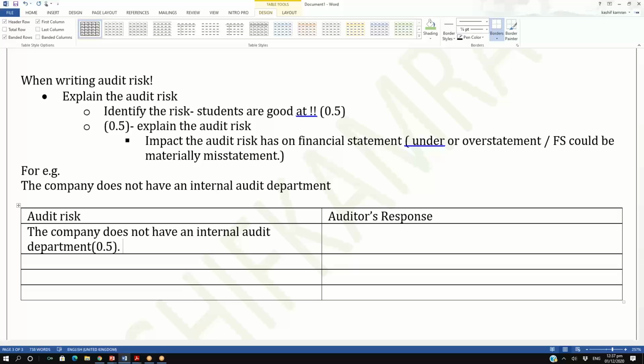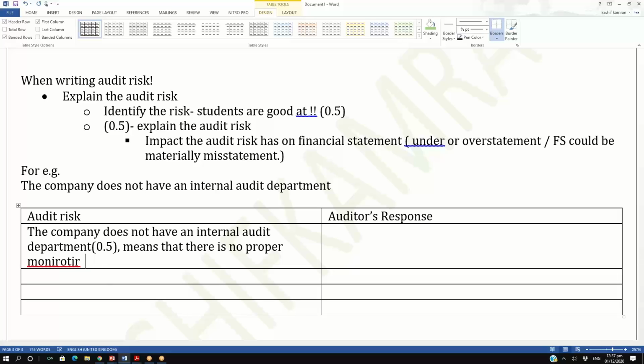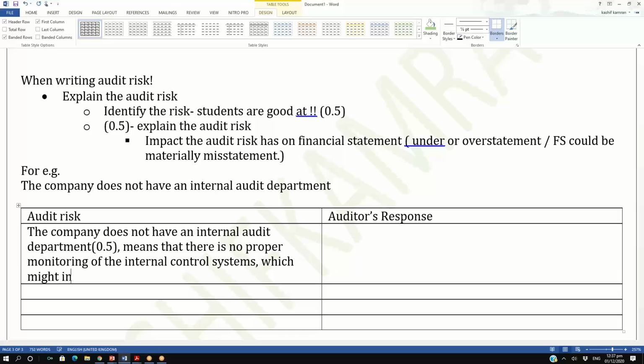The company does not have an internal audit department, which means that there is no proper monitoring of the internal control systems, which might increase the risk of material misstatements in the financial statements.